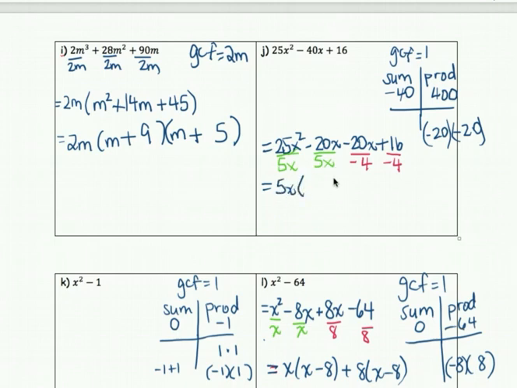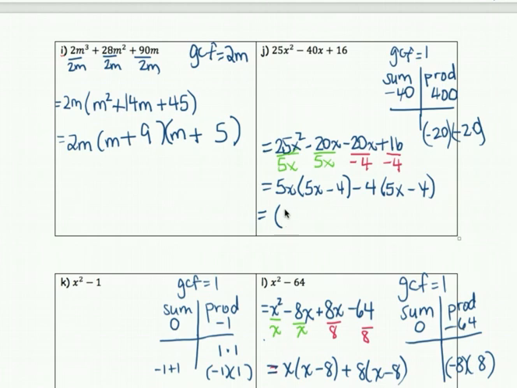Take out the common factor 5x, leaving behind a 5x minus 4, take out the negative 4. The pen's getting a bit glitchy here. There we go, we're almost done.